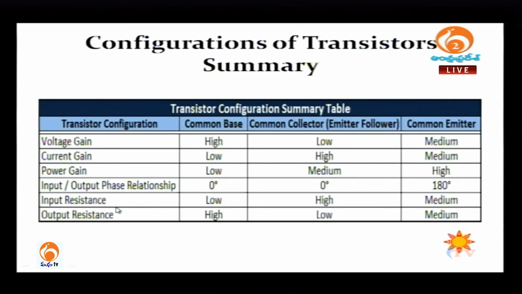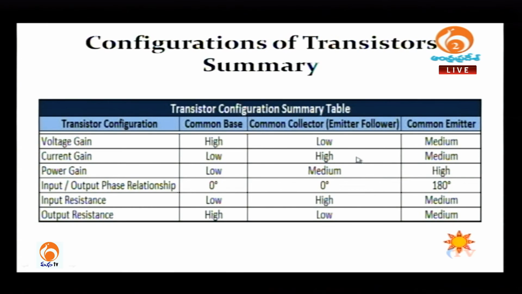In the case of common emitter configuration, the voltage gain is medium. We can employ common emitter configuration for voltage gain and current gain, and power gain is high.